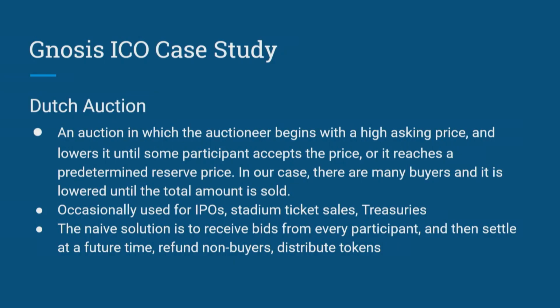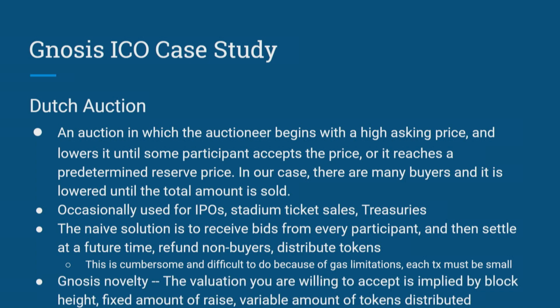So the naive way to run this contract is the way I just described, where you take in all the bids and then you look at them all and do all this computation to figure it out. But that is quite cumbersome. So the Gnosis team came up with this really clever mechanism where the sale was going to run over a duration of time, and depending on how much time had elapsed, would have a different implied valuation.